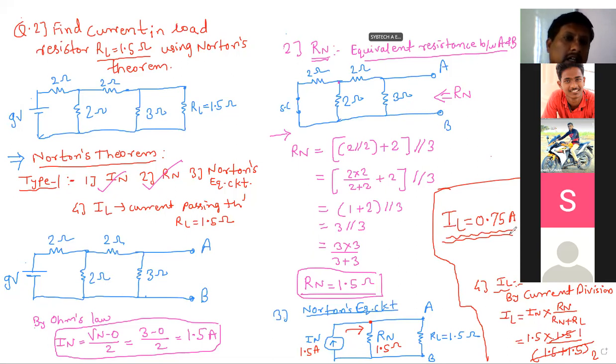So has everyone understood this second example? This question was asked in a university question paper for 4 marks. If anyone has any doubts or questions, please ask. Now we can move towards the next example.